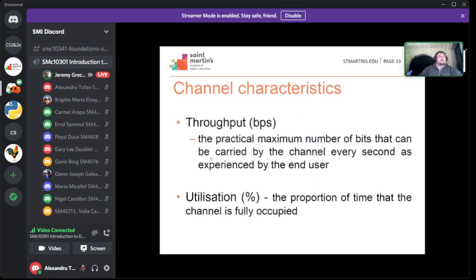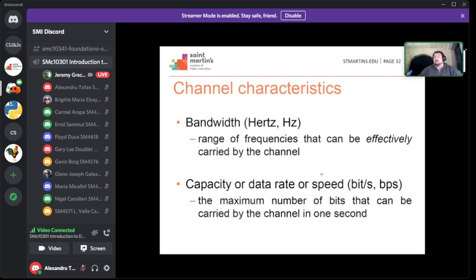But your actual experience is going to be determined by your throughput. If, for instance, you are unlucky enough to be on an antiquated line that connects to your ISP, then your throughput is not going to be the same as your maximum capacity, and therefore you'd have a reduced speed on your signal.